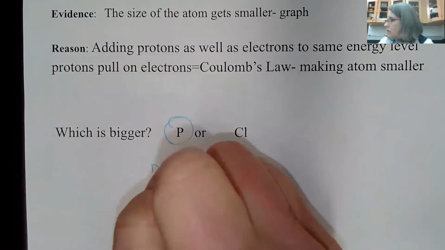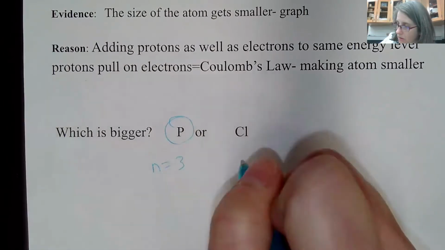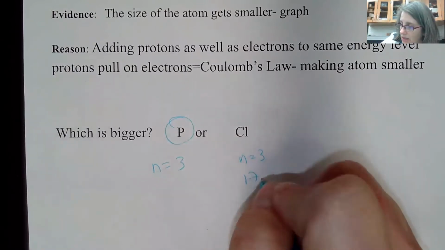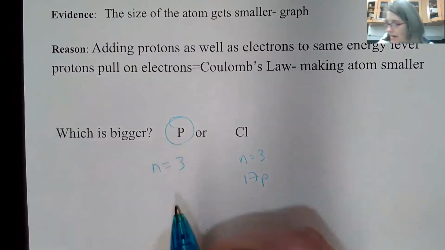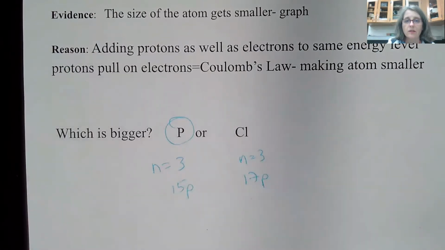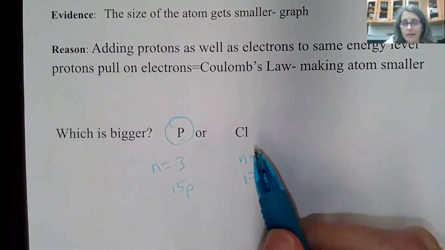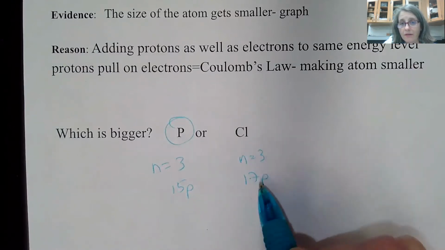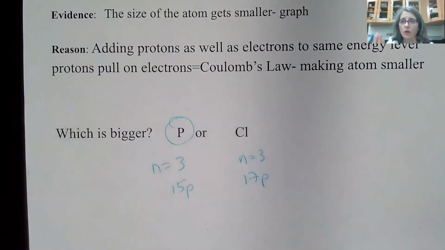They are both energy level 3, but chlorine has 17 protons and phosphorus only has 15 protons. That is why chlorine is going to be slightly smaller, because it has more protons to pull on those electrons in the same energy level.